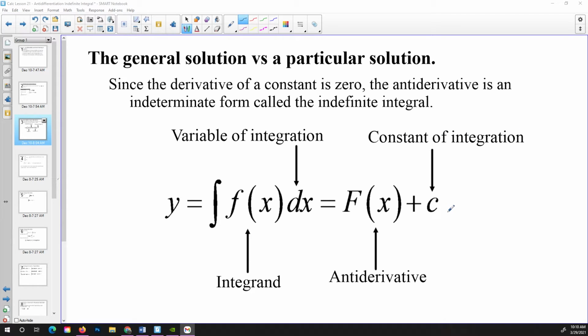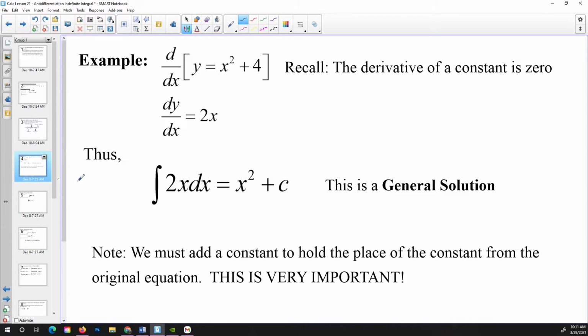This constant c is why they call it an indefinite integral, because we do not know the value of that constant that we would lose when we do the derivative. An example: the derivative with respect to x of y equals x squared plus 4. Recall, the derivative of a constant is 0.